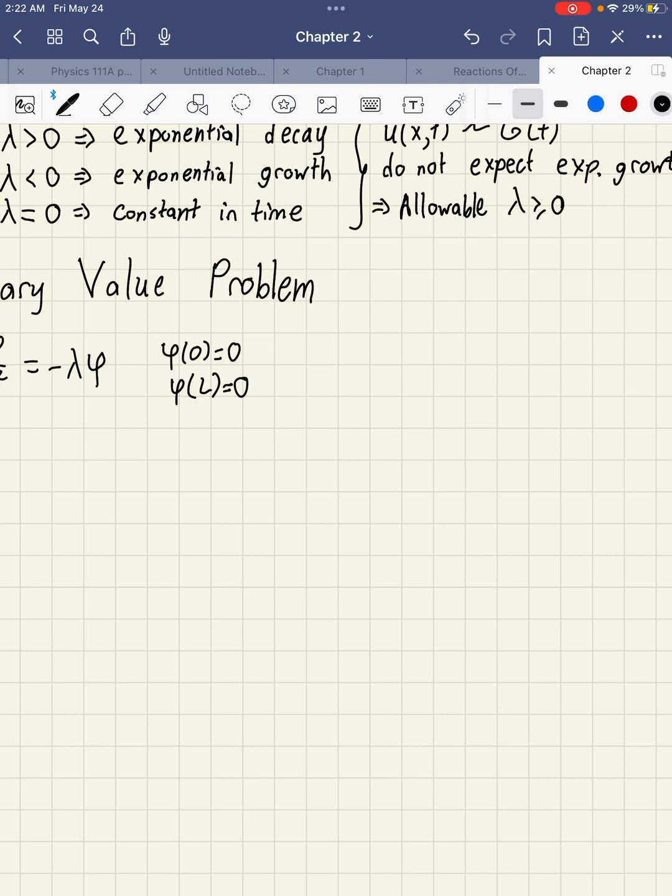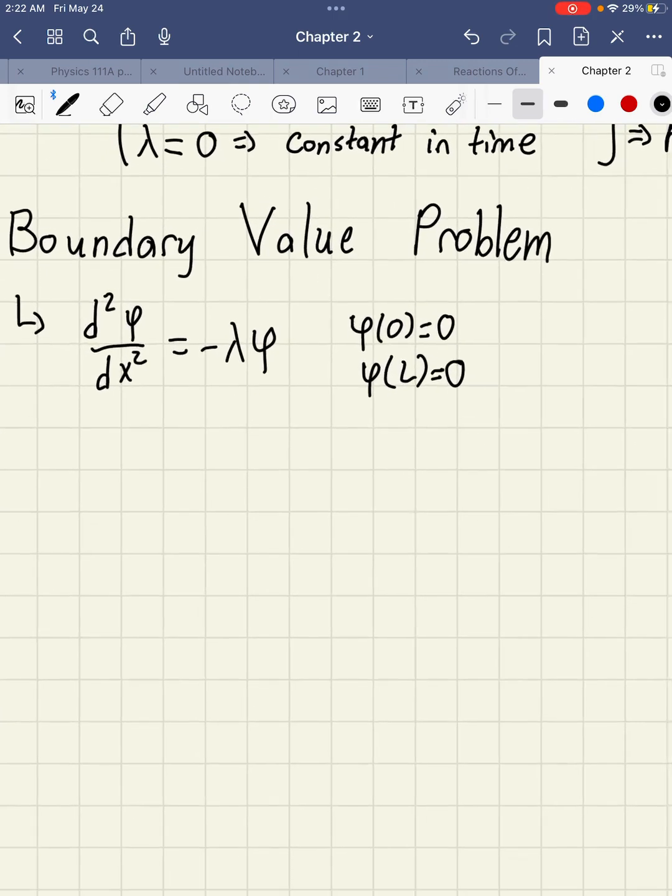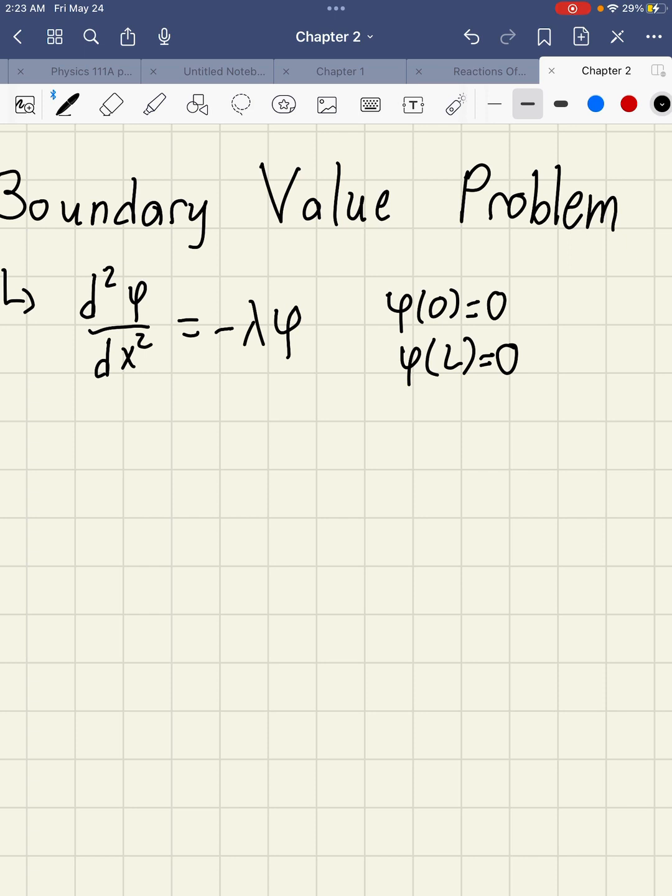Now, if I solve my ODE, I will see that I still have 3 cases for the lambda, which will yield a different solution. So let's recall solving second order differential equations, taking everything to one side.